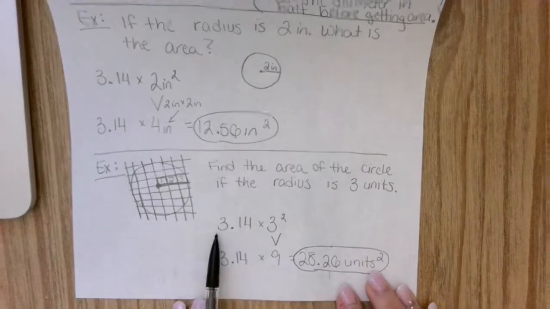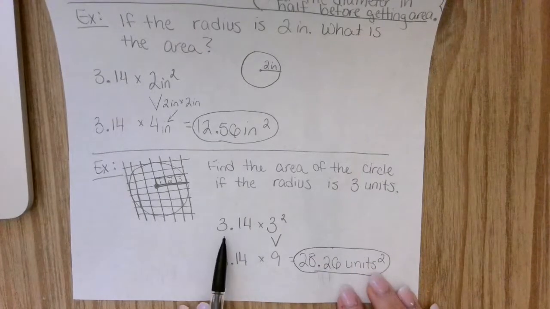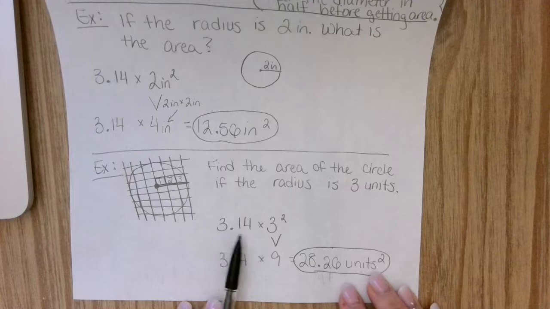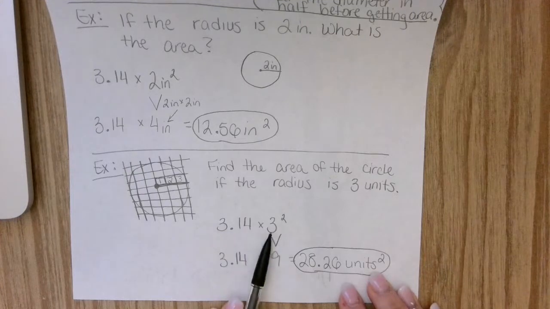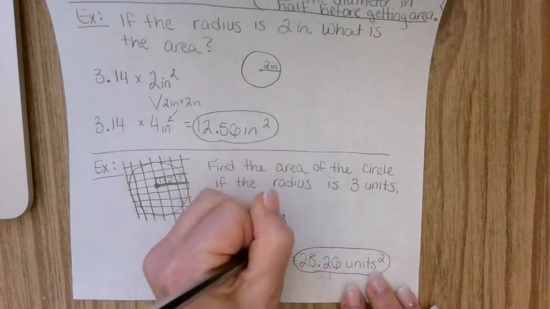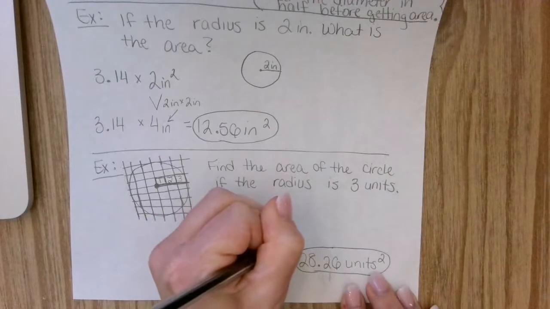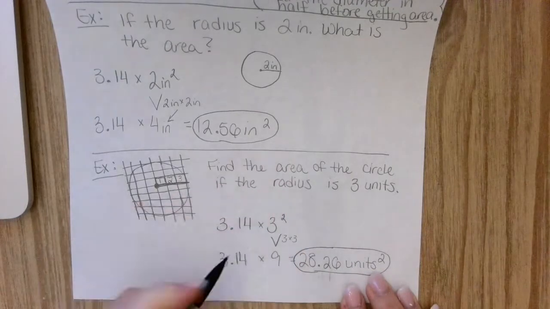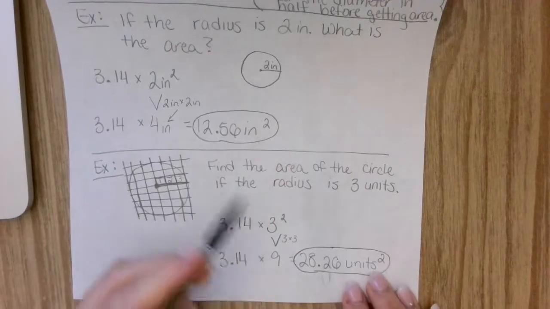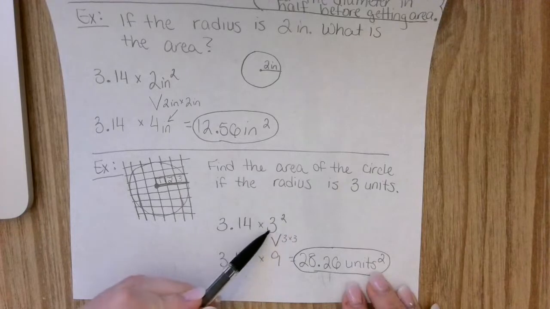I'm going to plug that into my area formula. So it's pi, or 3.14, times 3 squared. Again, I'm going to get my 3 squared first. Remember, 3 squared is not 3 times 2, it's 3 times 3, because that square means I'm multiplying it by itself.